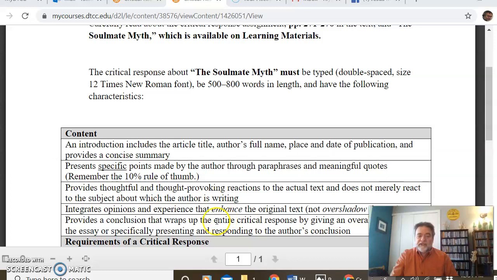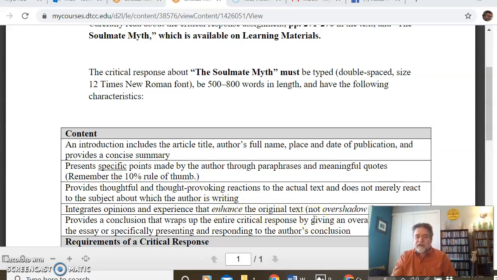Now, in doing these paragraphs, you can certainly integrate here your opinions. In the first paragraph, the summary, your opinions most definitely do not come into play. But in the body, those opinions and even your own experience, briefly, concisely, you can tell some anecdotes, stories of your life or someone else's that enhance the text, not overshadow it.